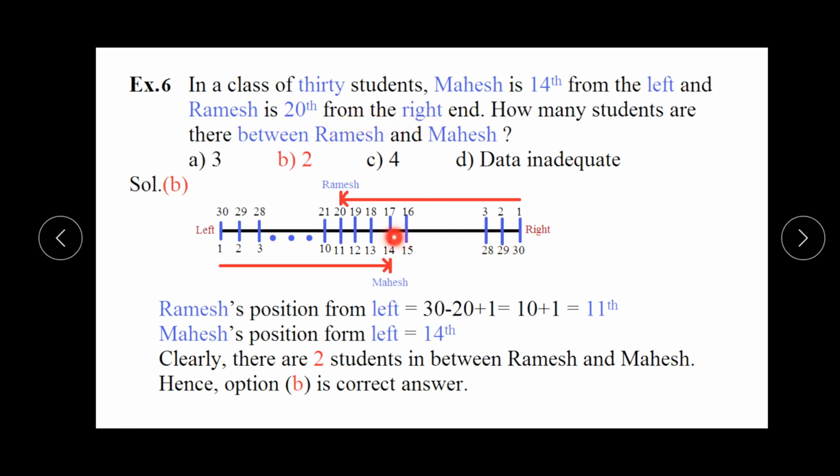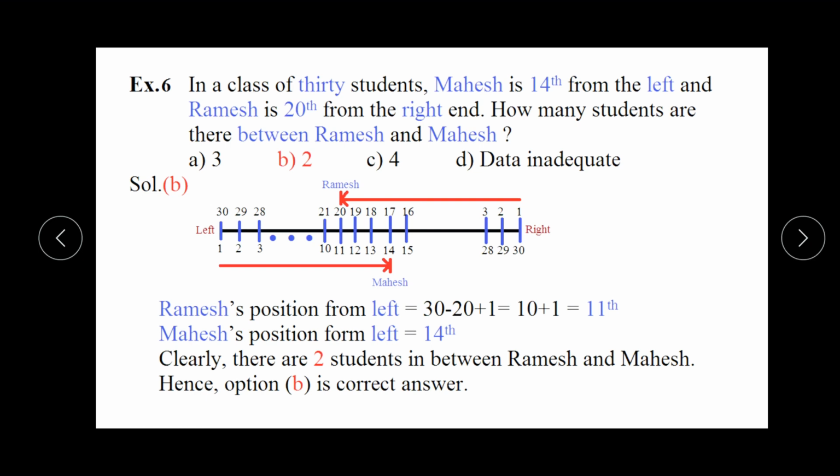How many students are there between Ramesh and Mahesh? We have to find the number of persons between Ramesh and Mahesh. Here the numbers are written, so clearly we can say there are two persons between them.